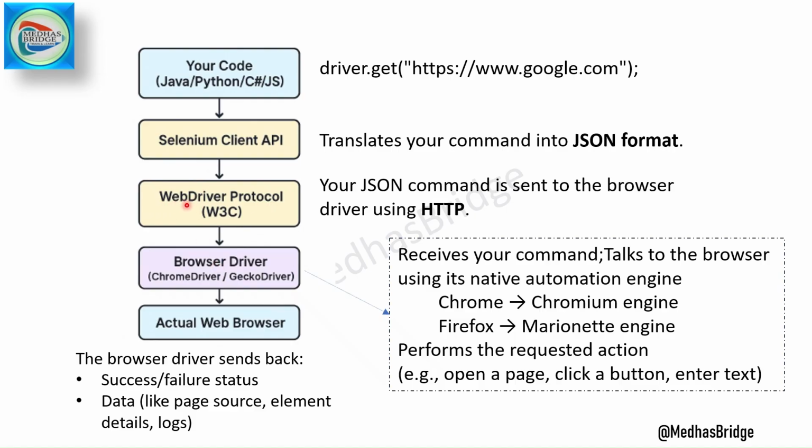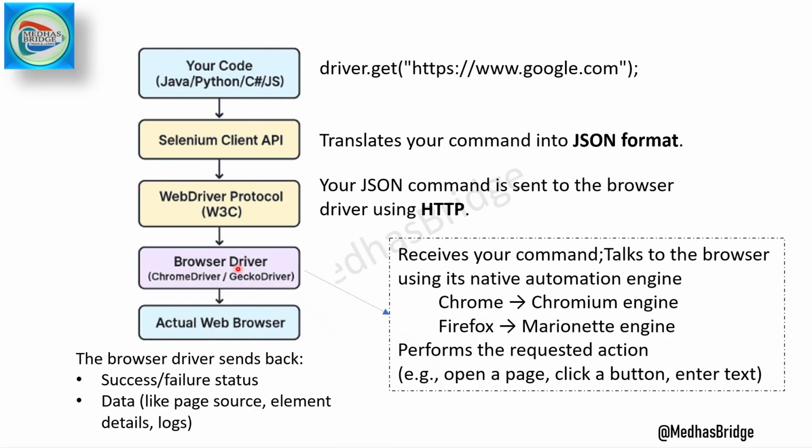So the WebDriver protocol is going to send your JSON command to the browser via your driver. So what does this driver do? The driver receives your command and talks to the web browser through native engines. When you say native engines, for example, if you are using the Chrome browser, then the Chrome engine is what we have, right?